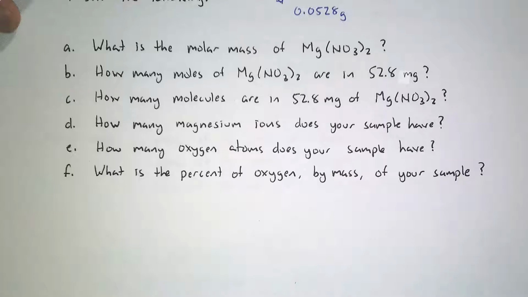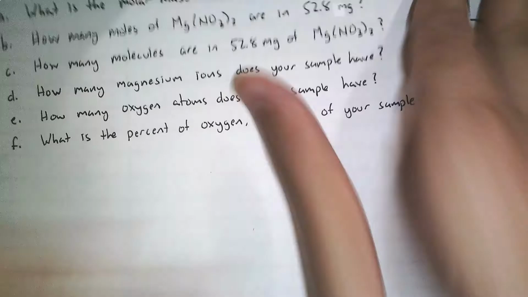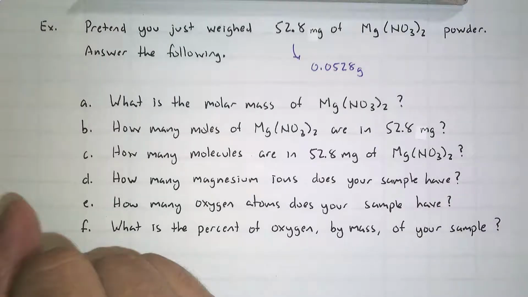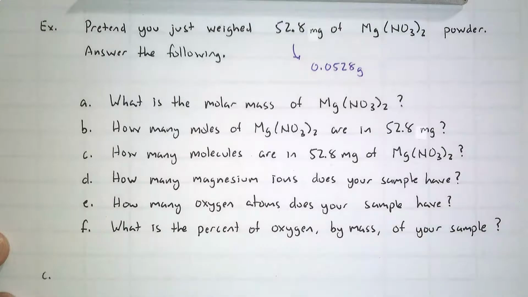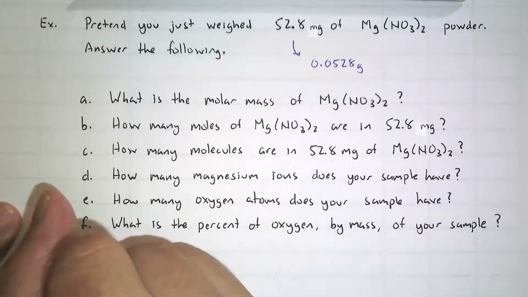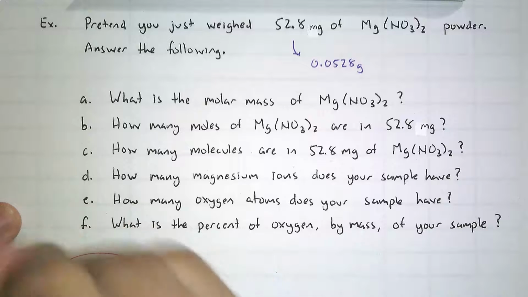Okay, how many molecules? Let me start the work on this page actually. Okay, we are now on letter C. Right now I'm not seeing it. So let me just put down my target, molecules.